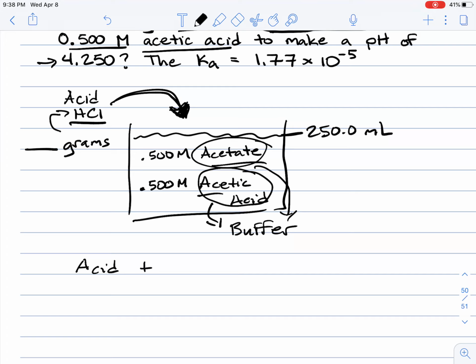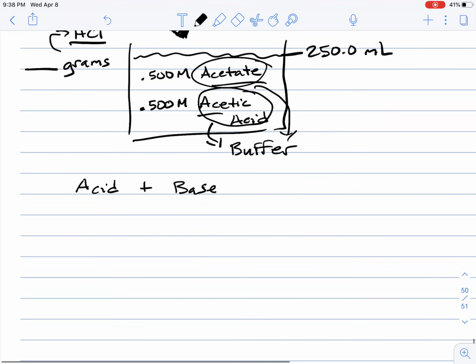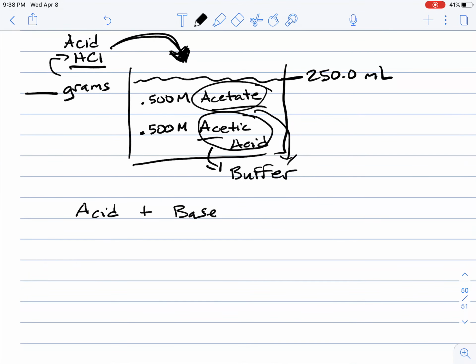In this scenario, the base is going to be acetate. So we have the H plus from HCl. Remember that Cl minus does not affect the pH of the solution, so we can completely ignore that in terms of what we're about to do.